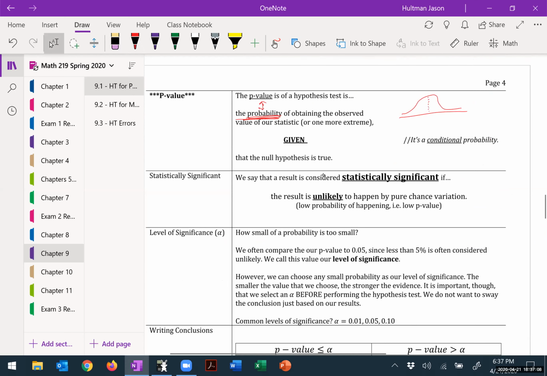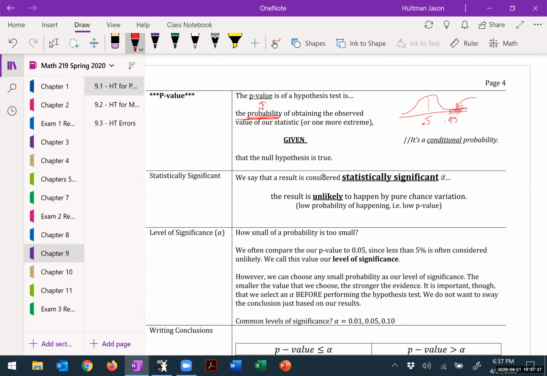Let's talk about our example where 50 is our mean, and we scored 19 out of 20, or 95%, on the exam. Our claim is guessing. So what's our p-value? It would be the probability of getting 95%.